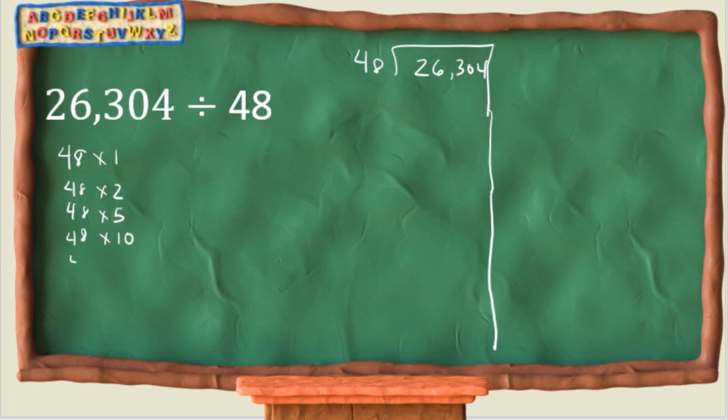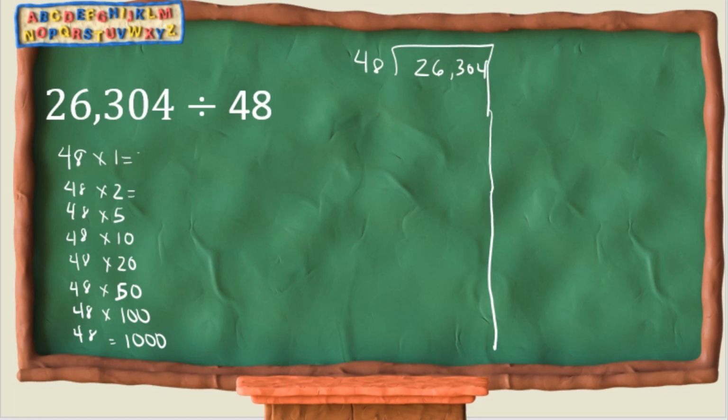Until you've mastered this, you want to just stick with all the factors that you need, even though they might be small. Times 50, 48 times 100, 48 times 1,000. We should do 48 times 500 too, but we'll do that after.